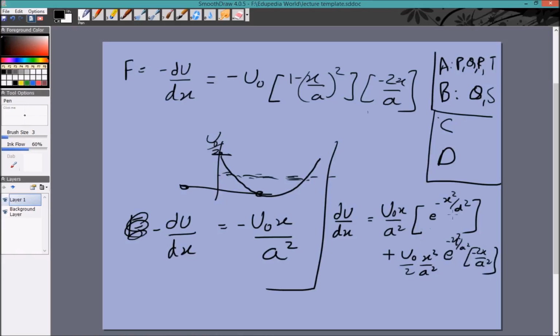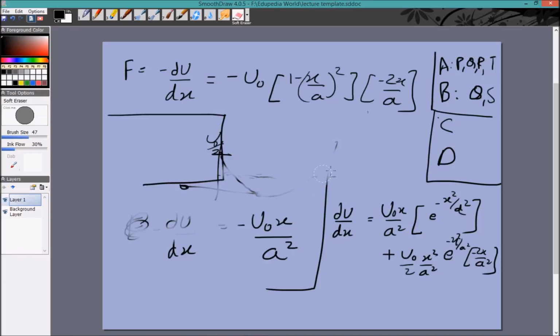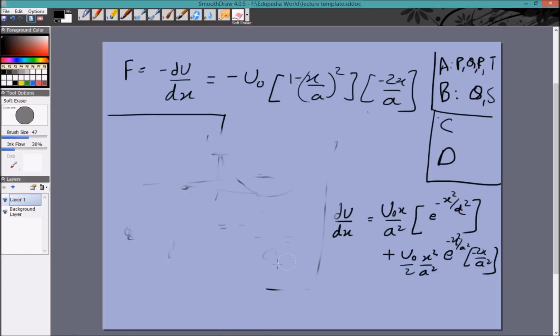I can take u naught x by a squared e to the power minus x squared by a squared common, and it gives me, this becomes equal to u naught x by a squared e to the power minus x squared by a squared.